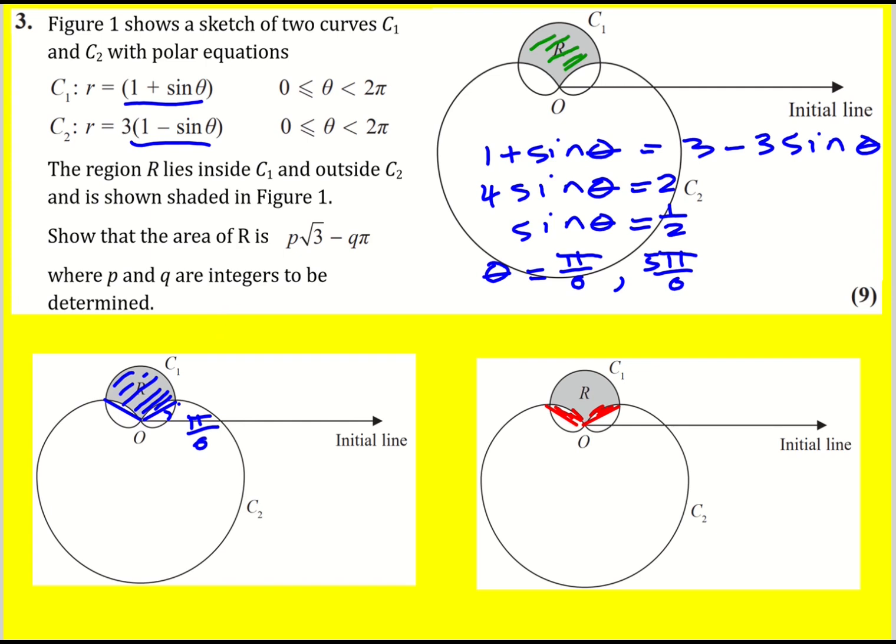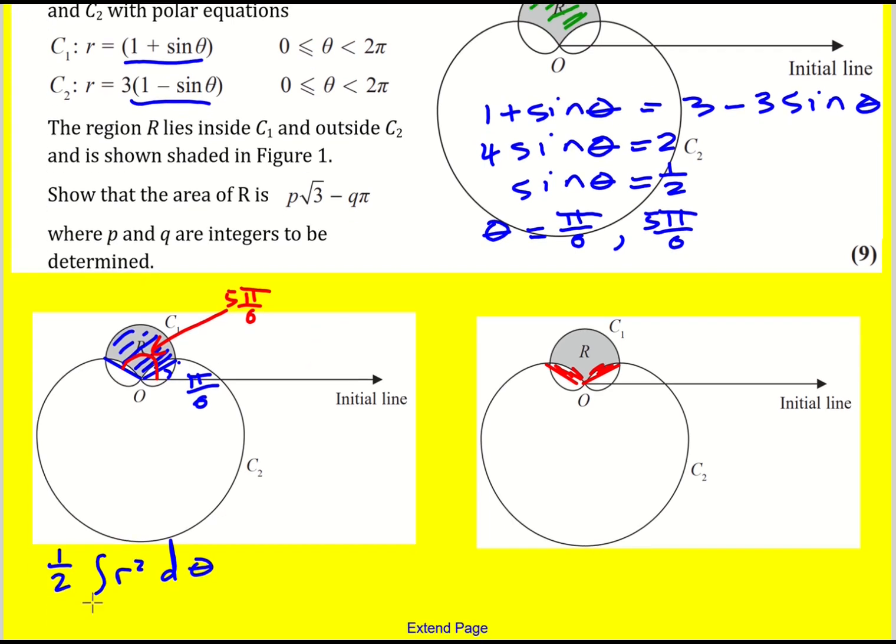And then that angle there is going to be 5 pi over 6. So if I want to find the blue area, then it's going to be a half integral r squared d theta. Remember, we're basically finding a small little sector. That's our half r squared d theta, and then we're summing it all up.